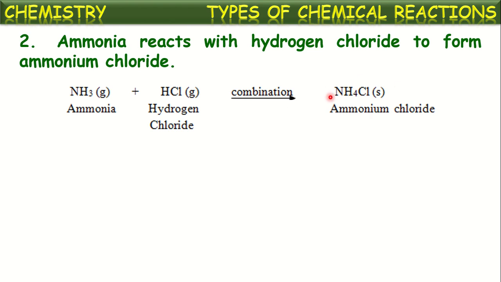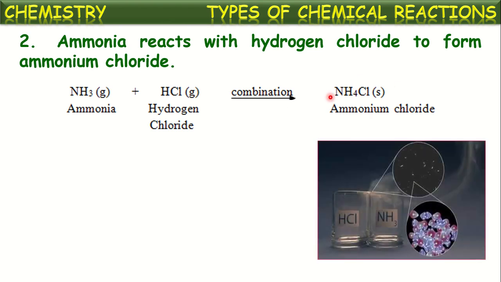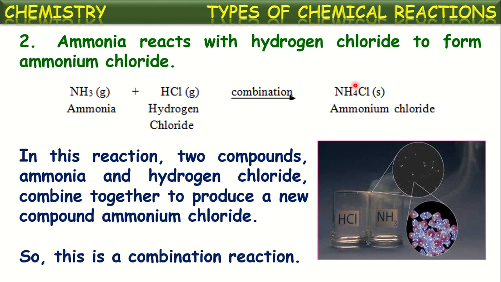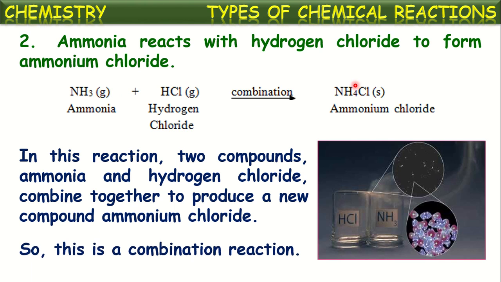This is a combination reaction. In this combination reaction, two compounds are combining, isn't it? Ammonia is a compound, hydrogen chloride is also a compound. So two compounds are combining together to form a new substance. So it is a combination reaction between two compounds. Okay, so it is also a combination reaction.